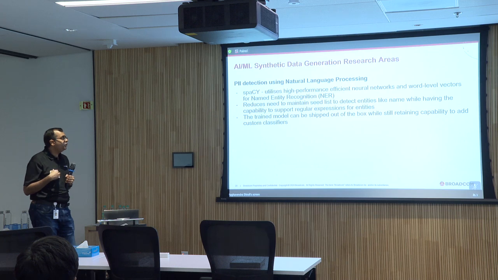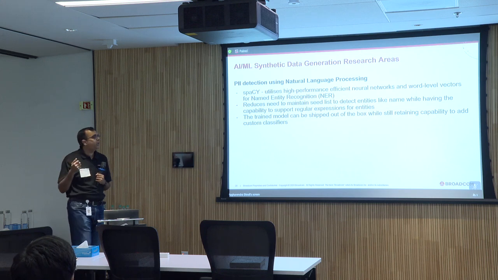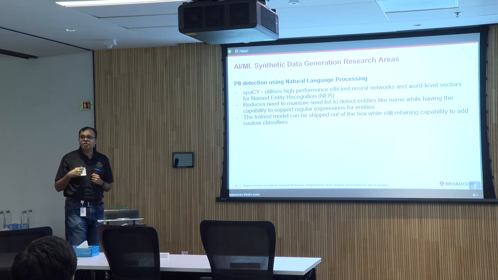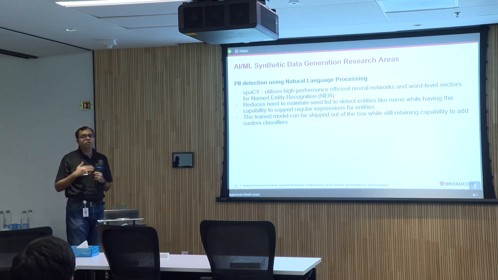So we have been doing R&D based on libraries like spaCy, which utilize something called word vectors to scan through the data. We also recognize that customers themselves have a lot of rules, and this library has the great capability to add those rules and not just work on a static model.